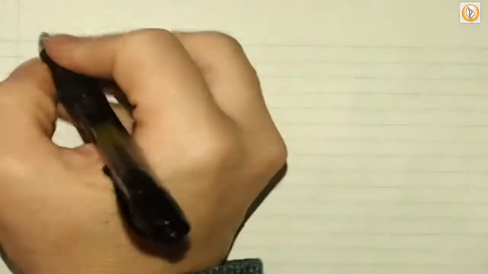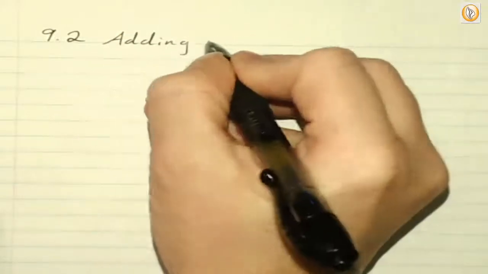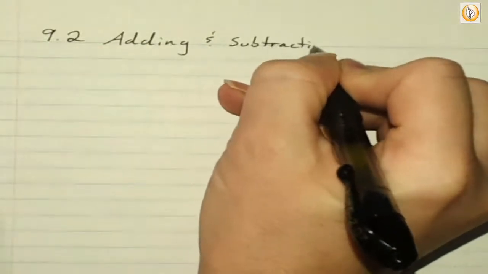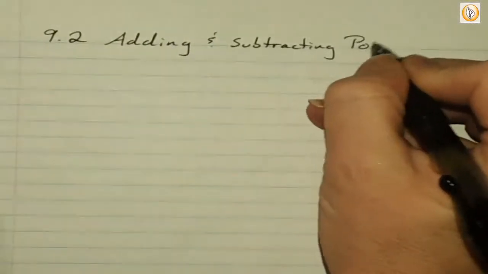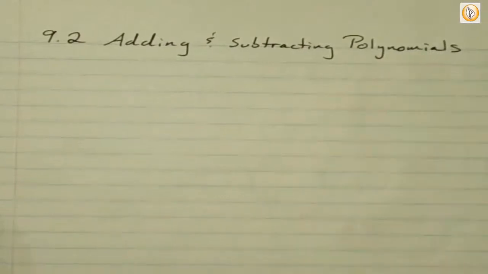All right, 9.2, we are adding and subtracting polynomials. Okay, so recap. Don't forget, no matter what, you can't have a negative exponent, right?